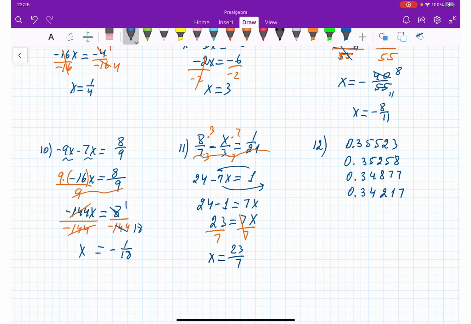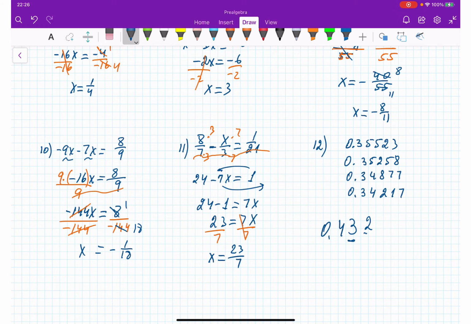Okay, so let me tell you the rules of rounding. Let's say I have the number 0.432, and I need to round to hundredths, meaning to the 3. So what am I doing? I have to look at the following number, 2.